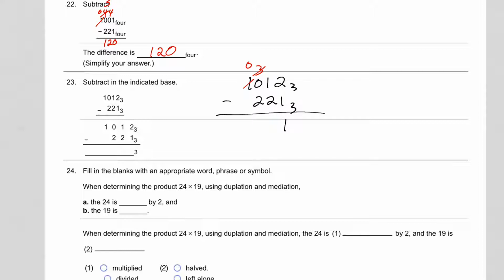Then we're going to borrow from this set and take our 3, which we're borrowing, or one set of 3s is 3 in quantity. We're going to add that to this one to make it 4. So now we have 4 minus 2 is 2. And 2 minus 2 is 0. So this is the final answer.